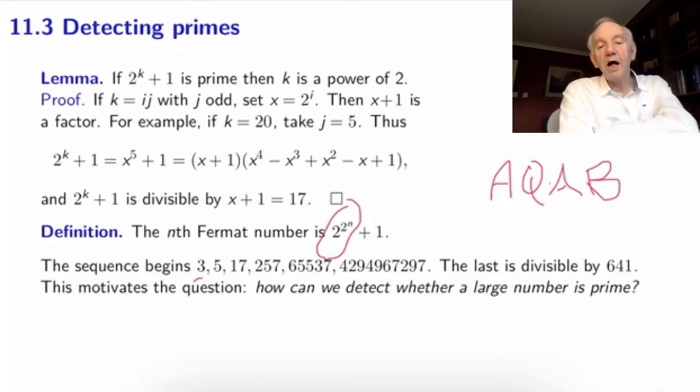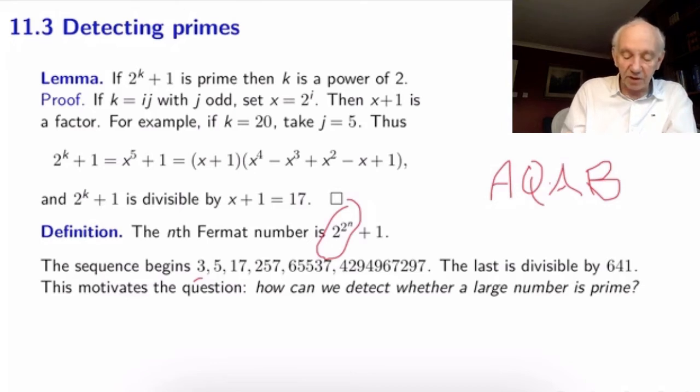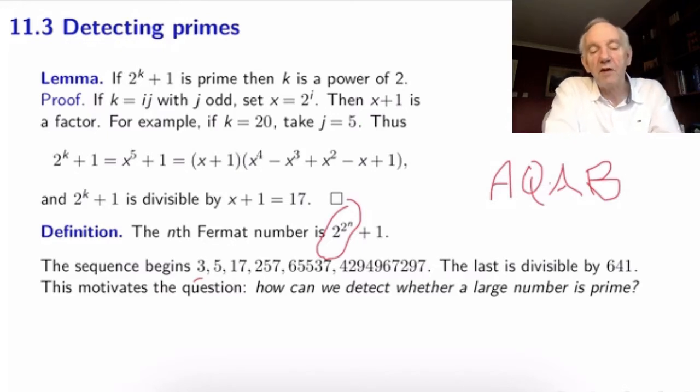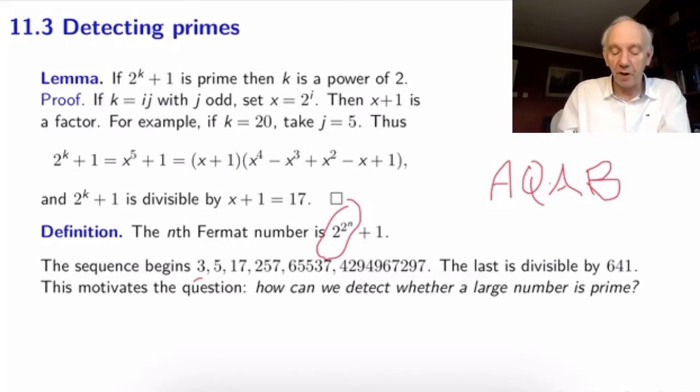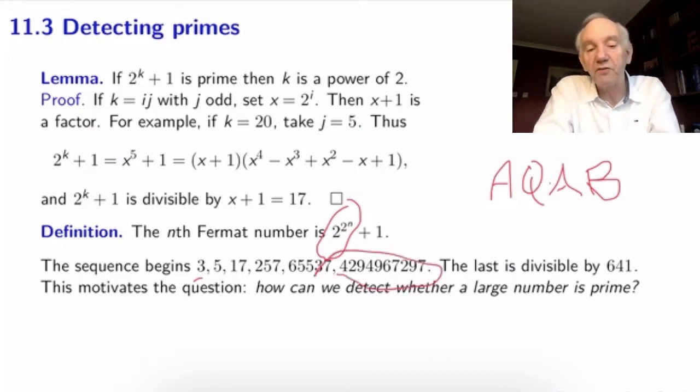Now it turns out that the next number in the sequence, which I called F4 actually, I shouldn't have used F4 because that sounds like a Fibonacci number, so I won't use that notation anymore. But the fifth Fermat number is this number here, and it turns out that's not prime. It's divisible by 641.